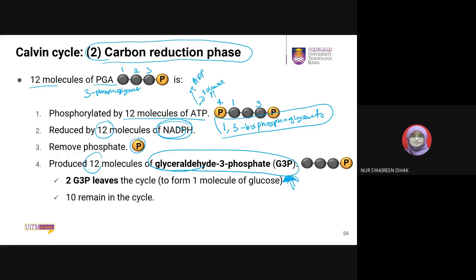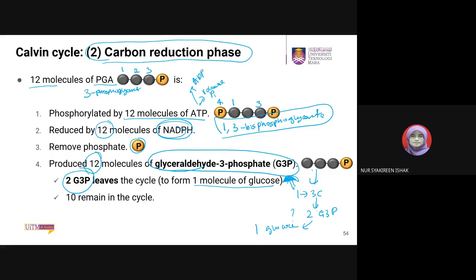Berapa molekul? 12. Okay. So from the 12 molecule of G3P, 2 G3P will leave the cycle, okay, to form 1 molecule of glucose. G3P, it is a 3 carbon sugar. So dia perlukan berapa? 2 lah, 2 G3P molecule to produce 1 molecule of glucose.